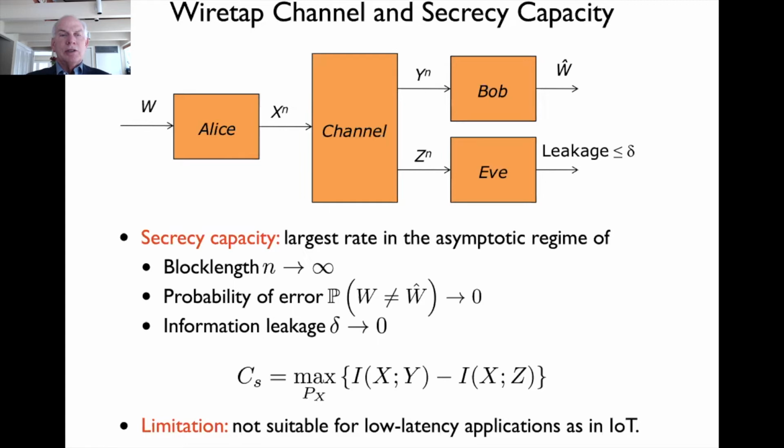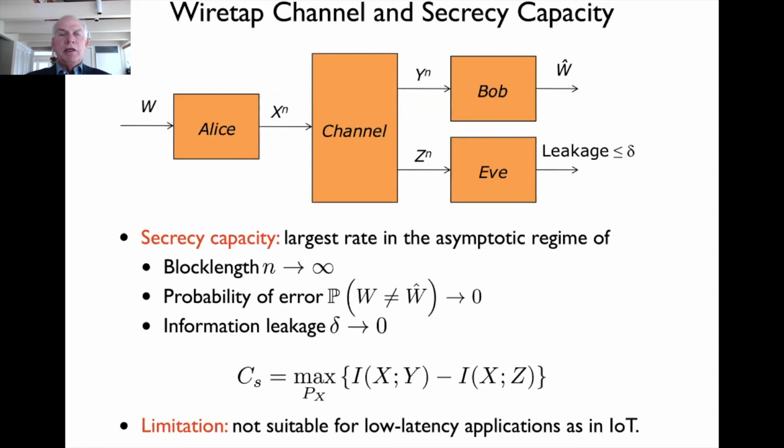X is a typical input to the channel, and X^n is a sequence of length n of those inputs. Then the channel has two outputs, one is Bob's observation and one is Eve's observation, and each of those is also a sequence of n things. So X1 goes into the channel and Y1 and Z1 come out, X2 and so forth.